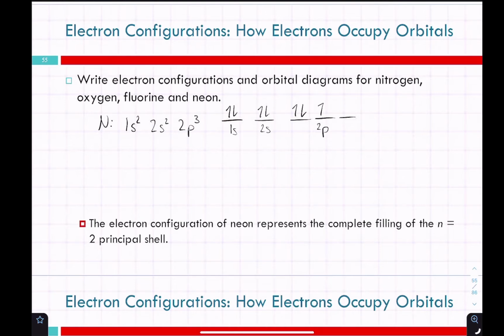And that one is called Hund's rule. They want to fill by themselves first. Each 2p has 3 spots. 2p will have 3 spots, 3p will have 3 spots, 4p. All of the p's have 3 spots.